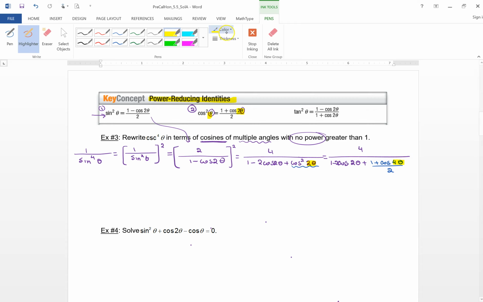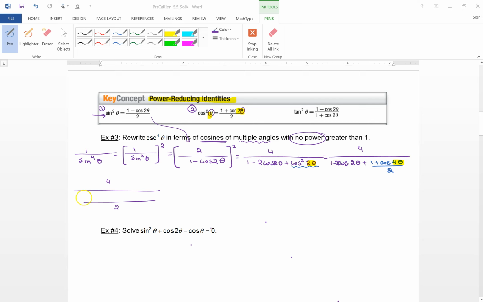Okay, so now let's do some algebra. How are we going to do this? This is a numerator of 4 over. Now here I want to make a common denominator. That means the denominator of that part will be 2. And here I just multiply this by 2 over 2 and this by 2 over 2.